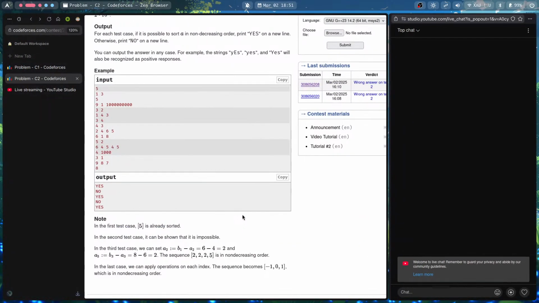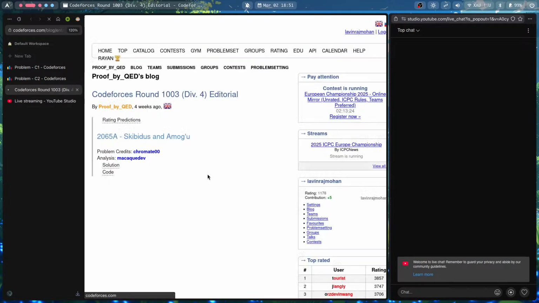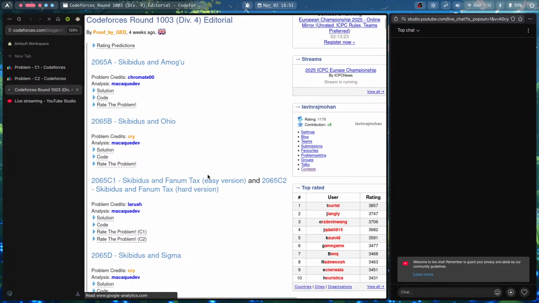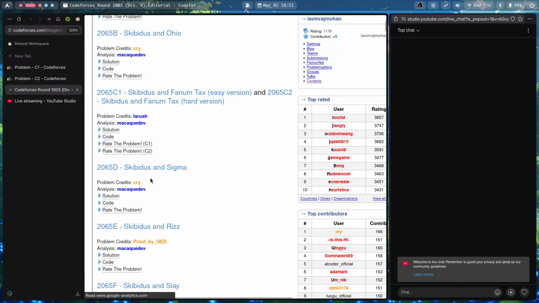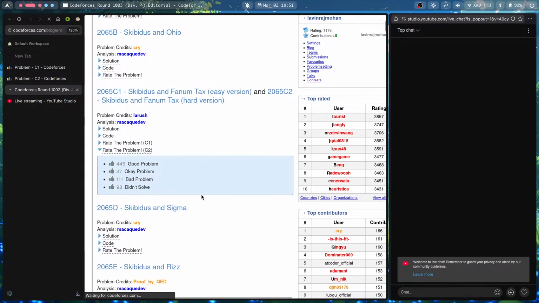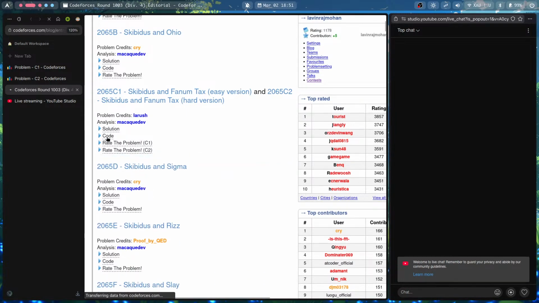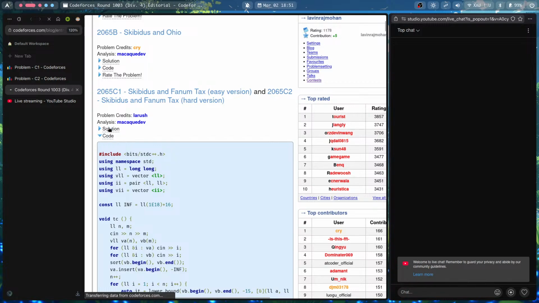Okay, I think it's enough time for this problem. We can take a little hint from the tutorial and see where we messed up. Let's see the solution, not the code.